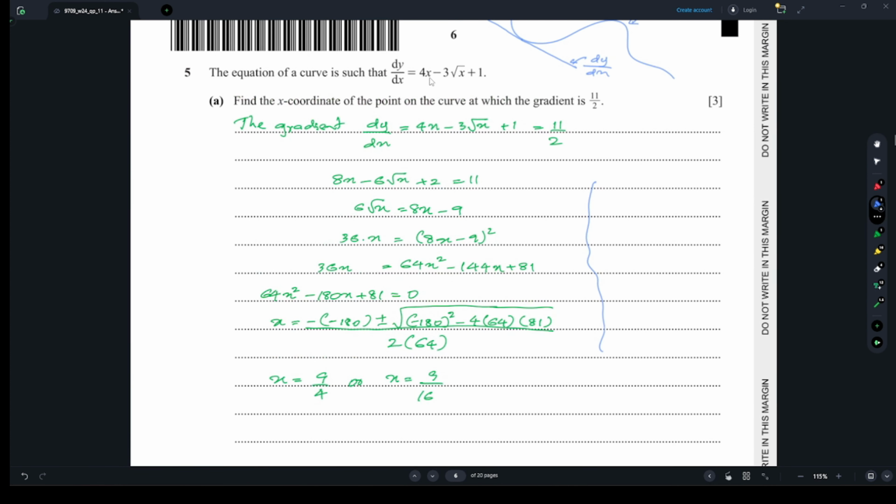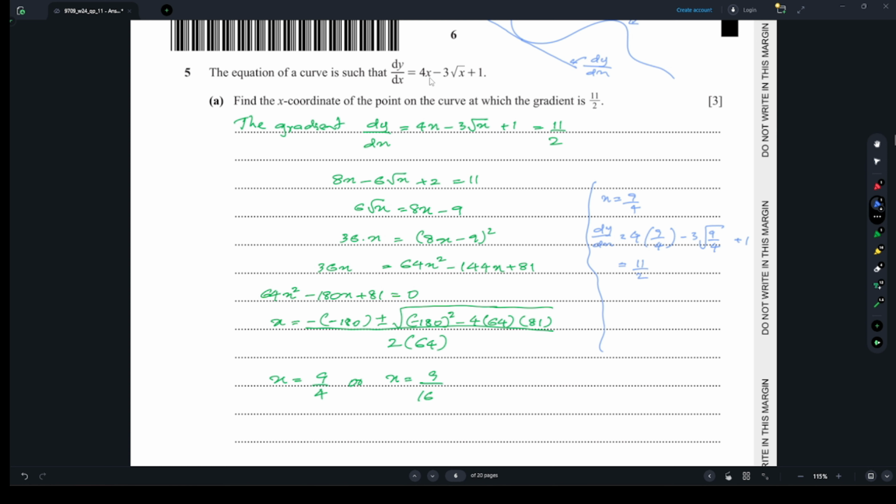For the first one, when x equals 9 over 4, then dy over dx equals 4 times 9 over 4, it's just rough work, and here 9 over 4 plus 1. So the answer here is 9, and when you take the root, it's 3, and so the answer is 11 over 2.